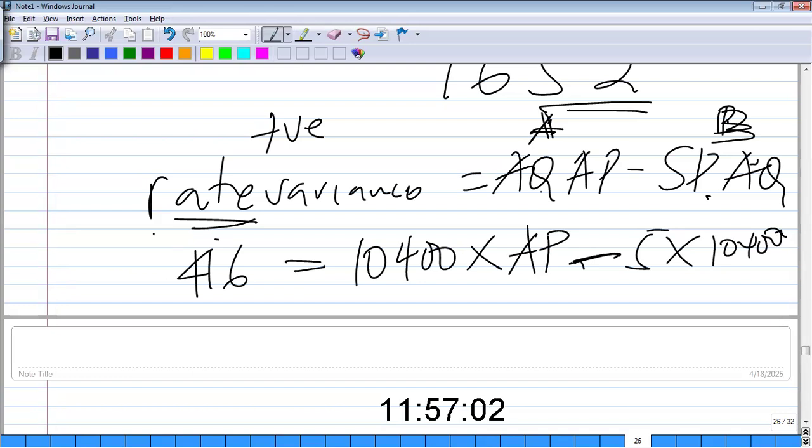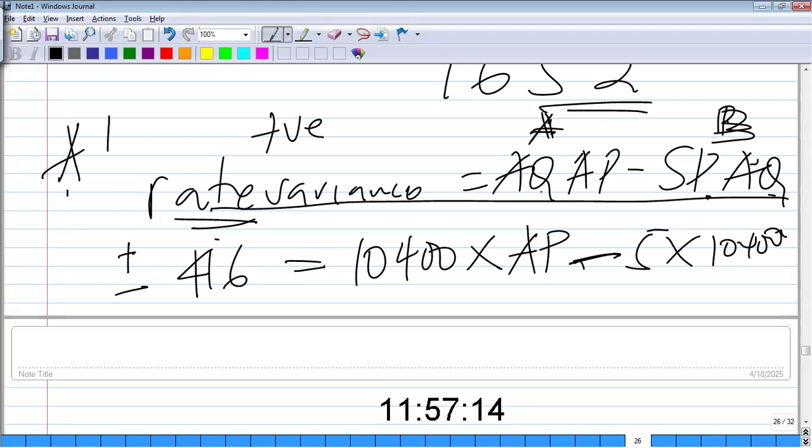Whether this is positive or negative depends on how you've arranged it. If they say it was adverse, your actual was greater than the budget, so that's why this is positive.